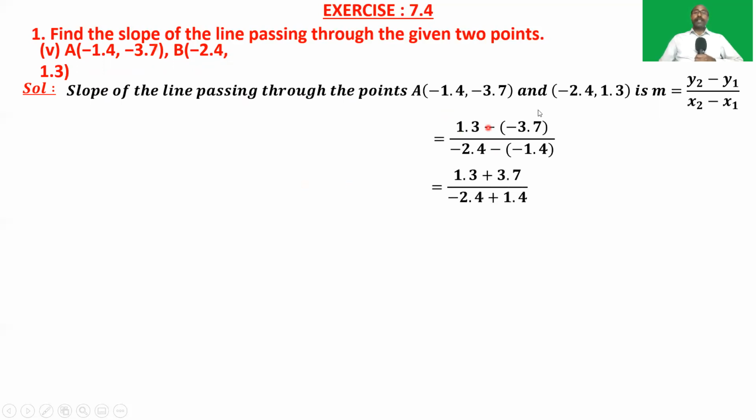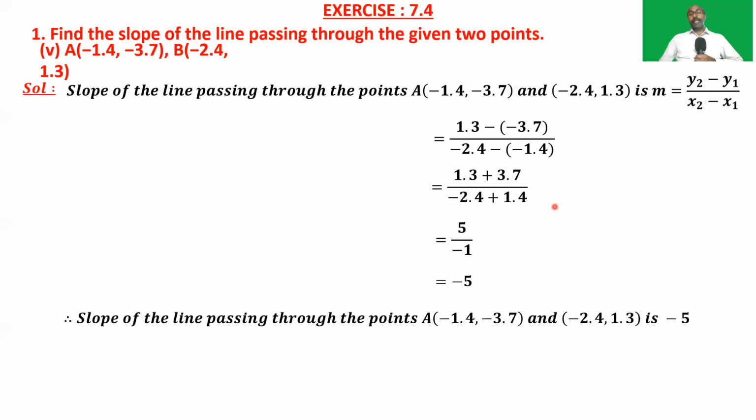That is 1.3 plus 3.7 by minus 2.4 plus 1.4. In numerator, 1.3 plus 3.7 is equal to 5. And in denominator, minus 2.4 plus 1.4 is equal to minus 1. So 5 by minus 1, which is equal to minus 5. So the slope of the line passing through the given points is minus 5.